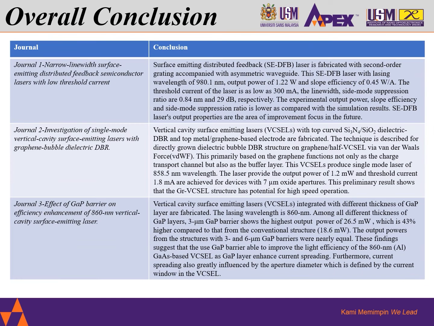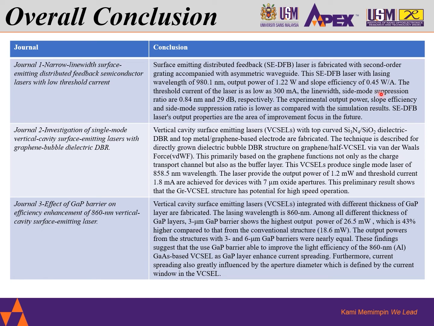Here is the overall conclusion for these three journals. First journal, the conclusion is the surface emitting distributed feedback laser, SEDFB laser, is fabricated with second order grating accompanied with asymmetric waveguide. This SEDFB laser has a lasing wavelength of 980.1 nanometer, output power of 1.22 watt, slope efficiency of 0.45 watt per ampere.